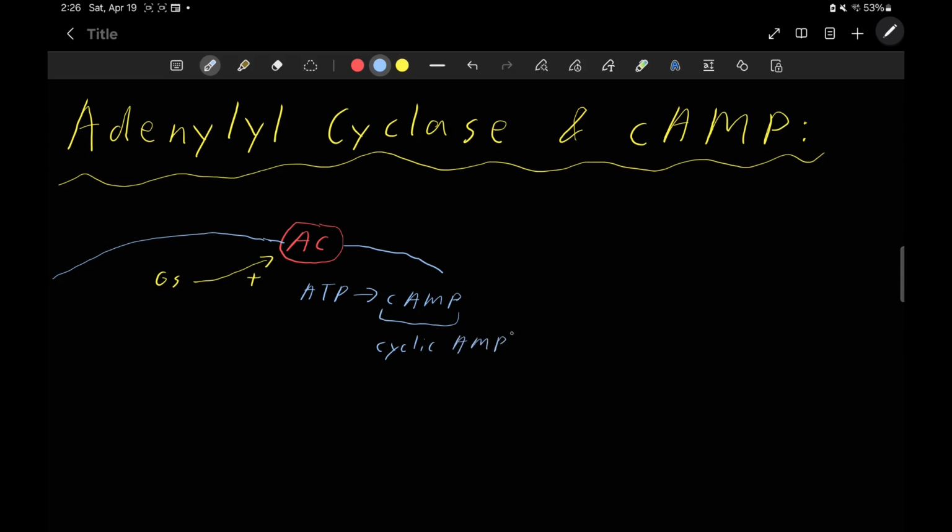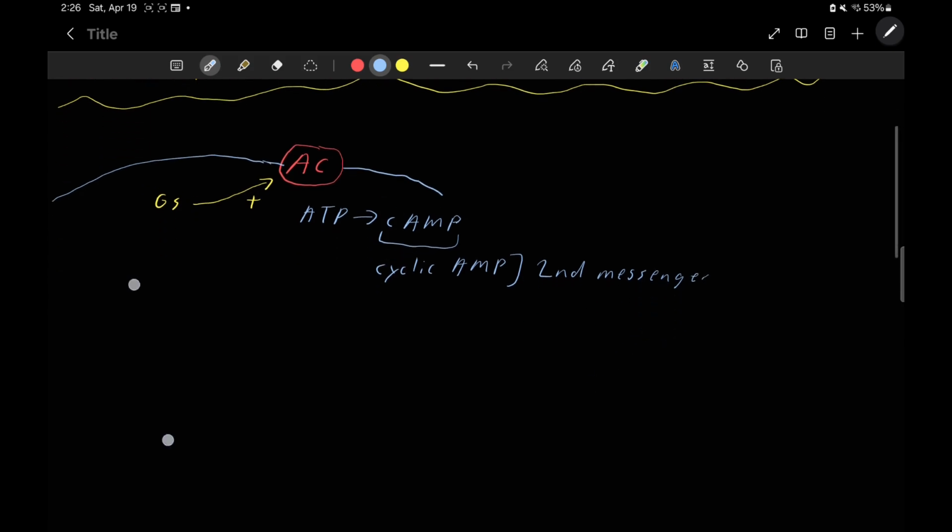Cyclic AMP is important because it's what we call a second messenger, and it is essential for producing responses inside the cells.